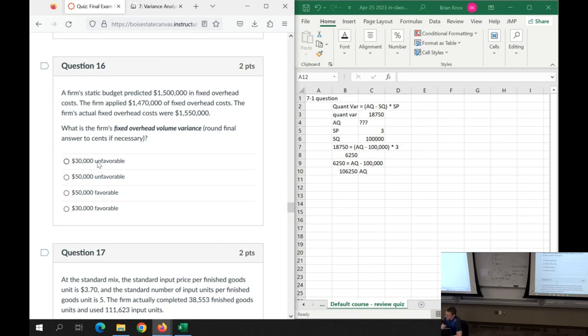We end up with 30,000, and moving from applied costs toward the static budget, it's going higher, going up from 1.47 million to 1.5 million. That's a $30,000 unfavorable volume variance.